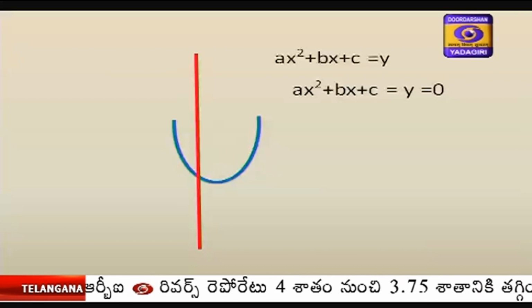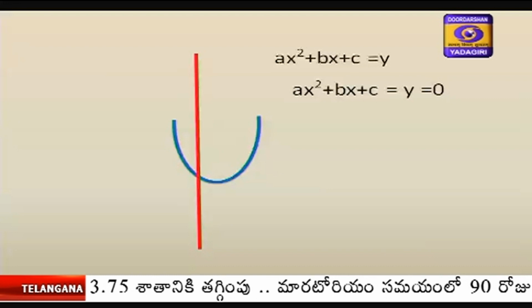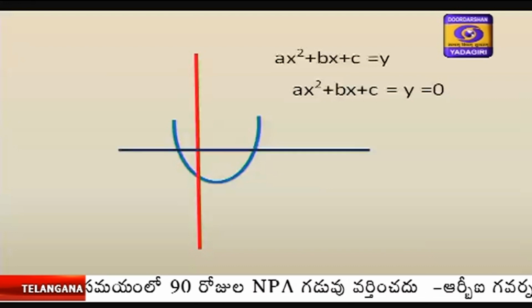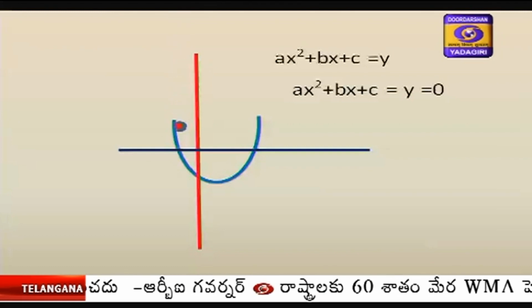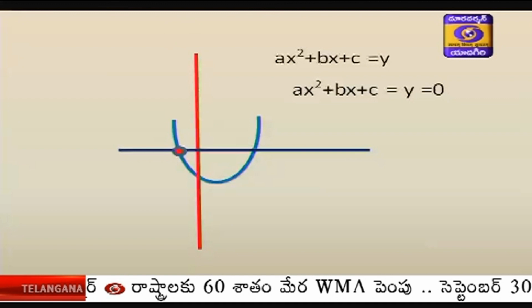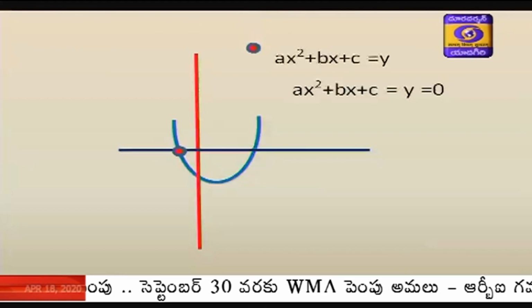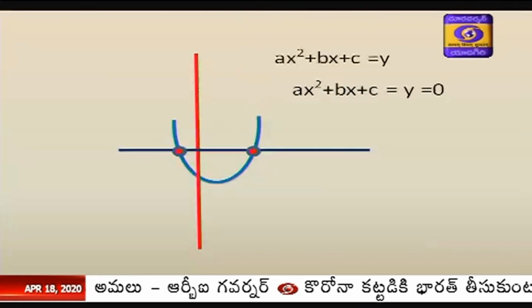But why do we consider all zeros to lie on the x axis only? Because the value of y is 0 on the x axis only. So we consider the zeros of ax² + bx + c = 0 on the x axis only. If it intersects at 2 points, we say it has 2 zeros.